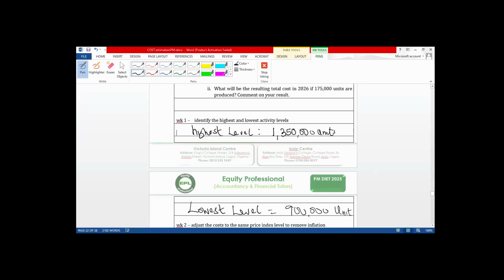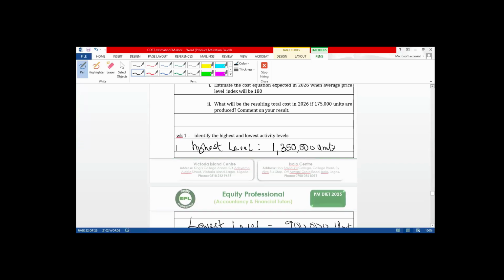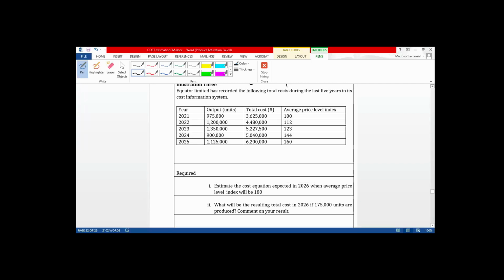Now check the two. The price level at the highest level, 2023, is 123. The price level here is 144. The expected price level in 2026 is 180. We need to adjust this price level.